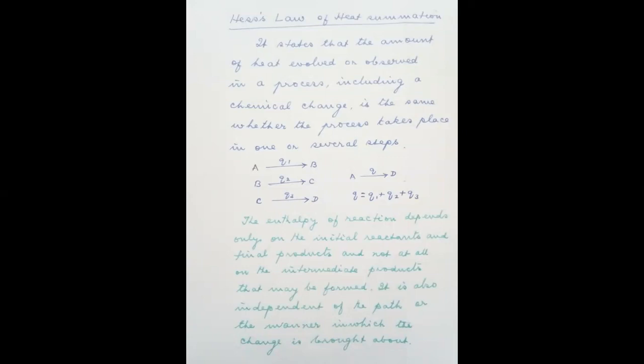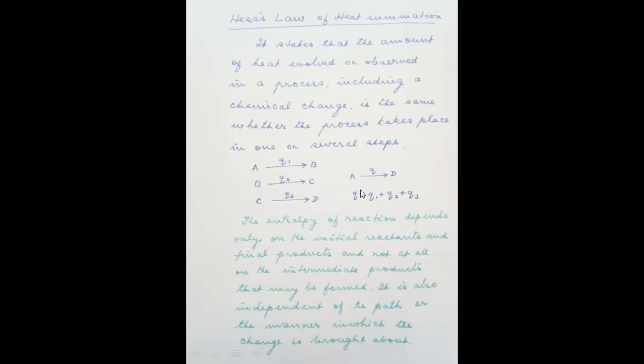Suppose I take a continuous process where a reactant A is getting converted into a product B, and then B gets converted into C, and then C gets converted into D. Now, there is another process where A is directly converted into D. Let me say Q1 is the heat change accompanying the process A to B, and Q2 is the heat energy accompanying the process B to C. Q3 is the energy accompanying the process C to D.